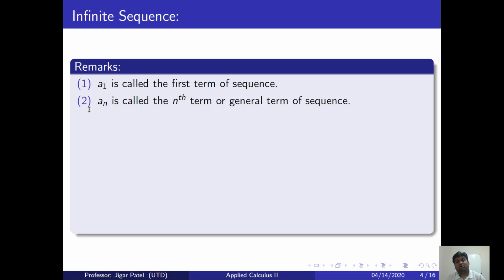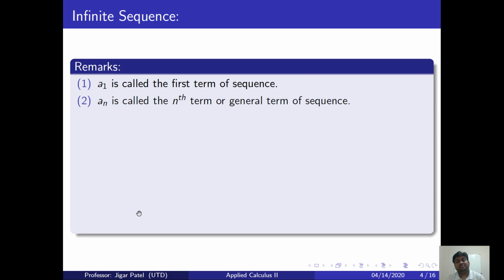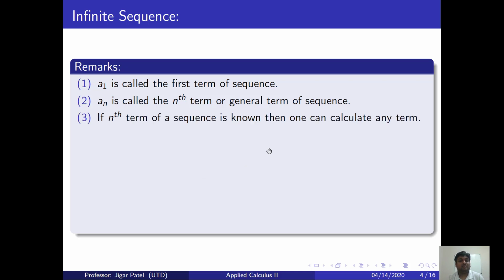Okay, now what is the importance of the general term? I want you to notice that one of my notations is in the form of a_n, in the form of the general term. So if the general term is known, we can calculate any given term of the sequence. For example, if I want to calculate the 100th term, I just need to substitute n equal to 100.